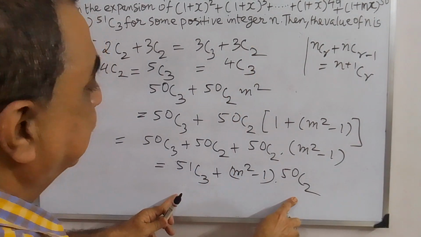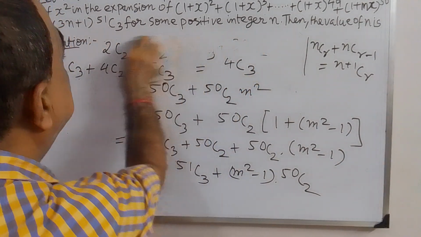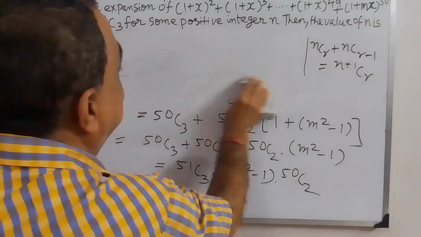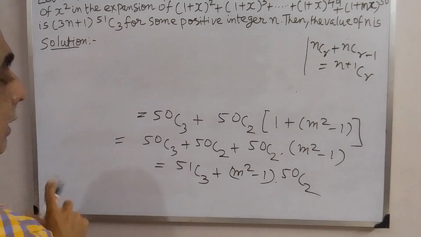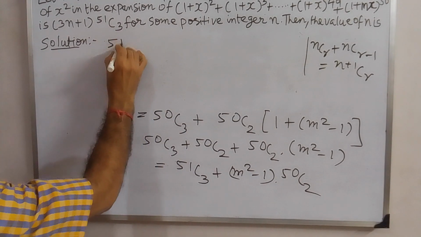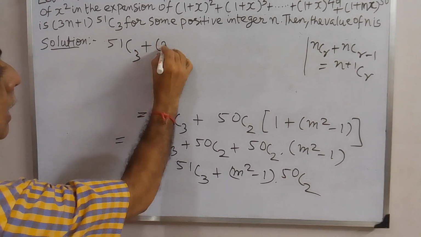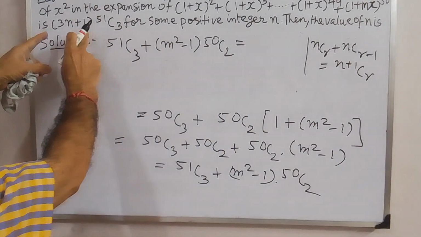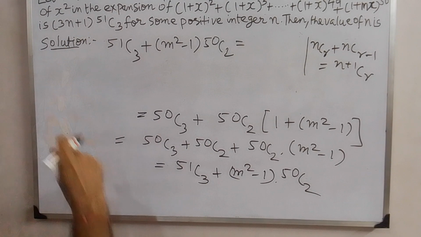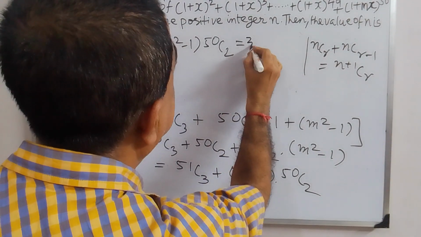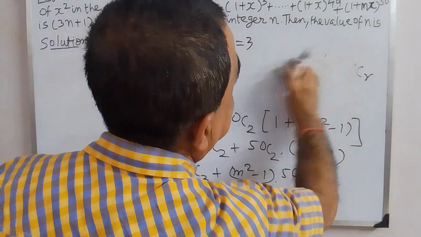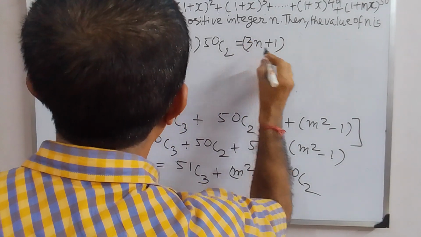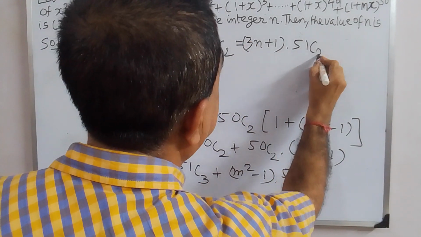Okay, so that is equal to (3n plus 1) into 51C3. So equate this coefficient of x squared with this. Now I am equating. So we are getting 51C3 plus (n squared minus 1) 50C2 is equal to, as given in the sum, the coefficient is equal to (3n plus 1) into 51C3.